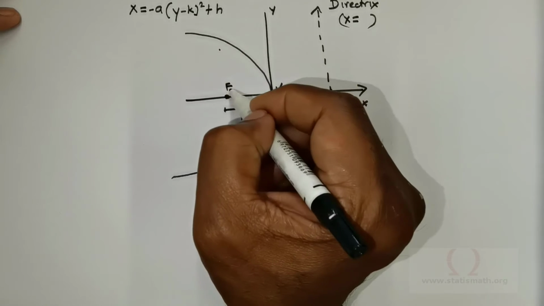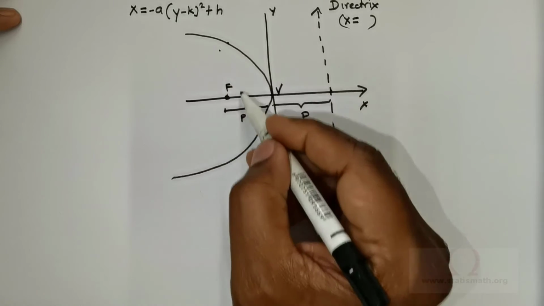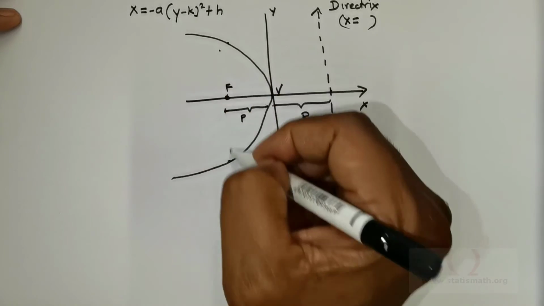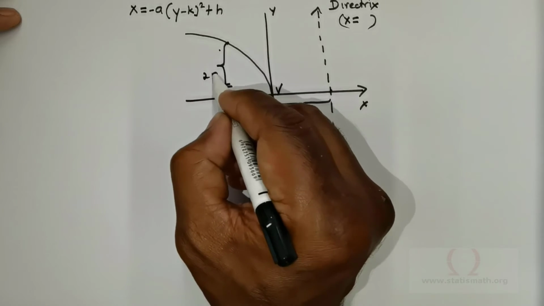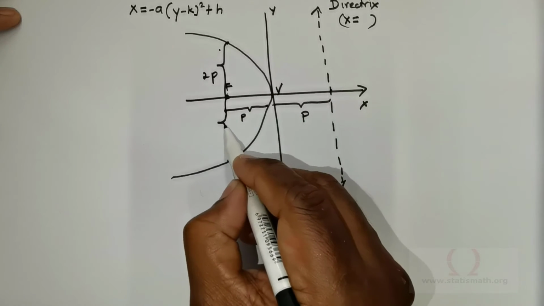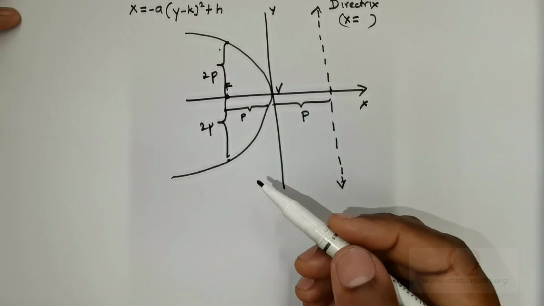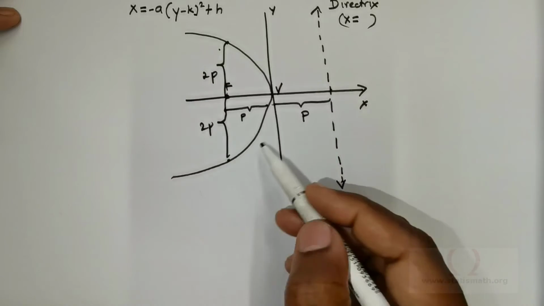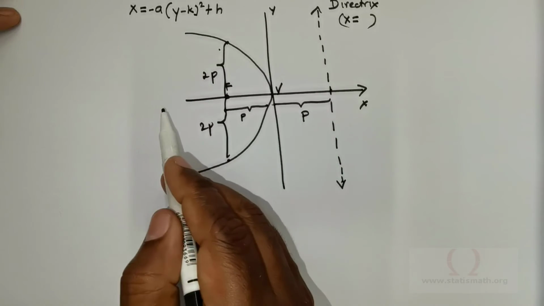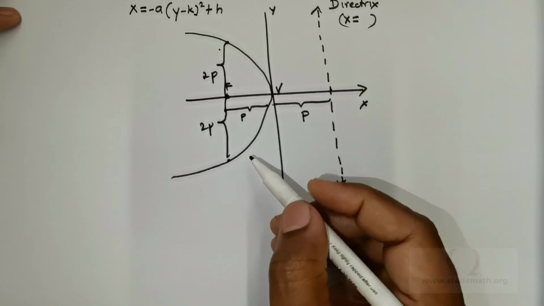So the distance between the focus and a point on the parabola, this is actually the focal width. The focal width is going to be 2p here, 2p here. So this entire thing is the focal width. Now, having obtained all this, the axis of symmetry is the line that divides the parabola into two equal halves.